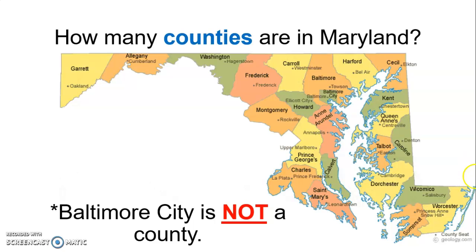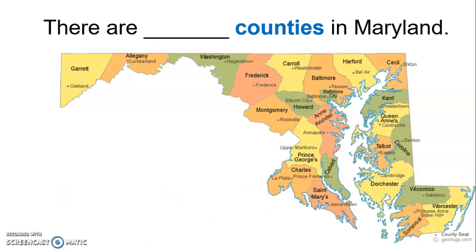Baltimore City, right here, Baltimore City is not a county. County es condado. So I want you to count all the counties in Maryland. How many counties are in Maryland? There are counties in Maryland. ¿Cuántos condados están en Maryland?